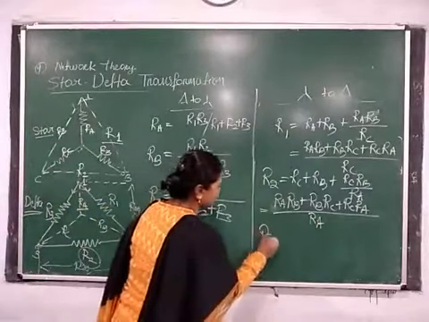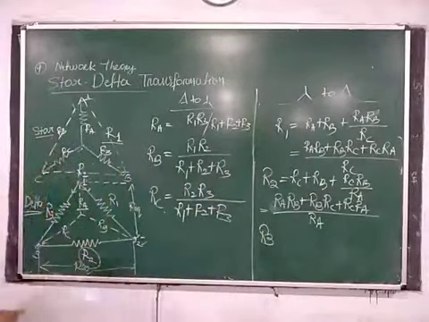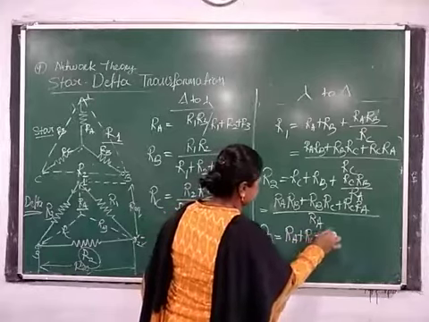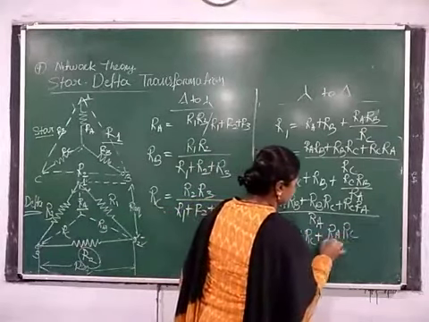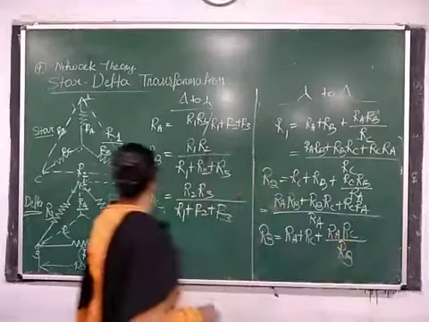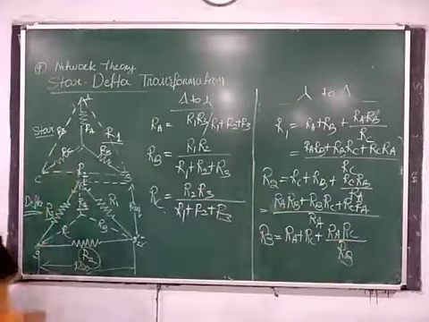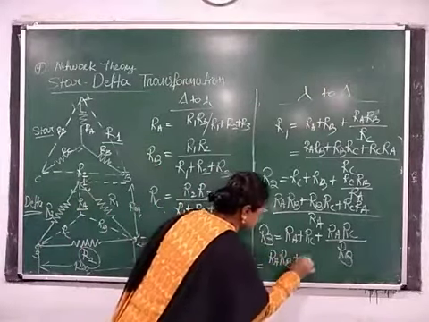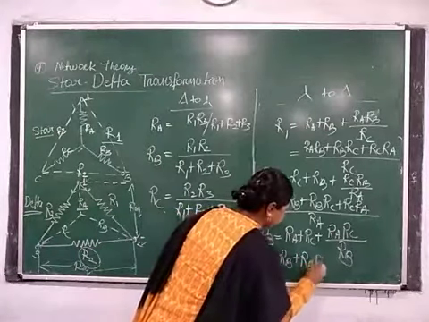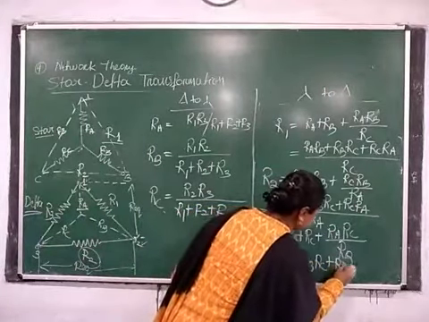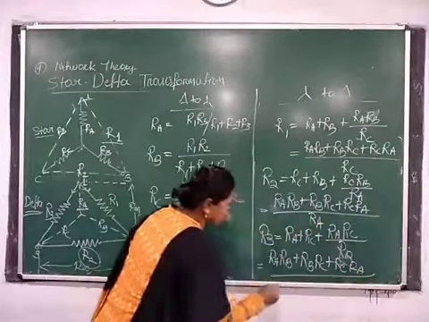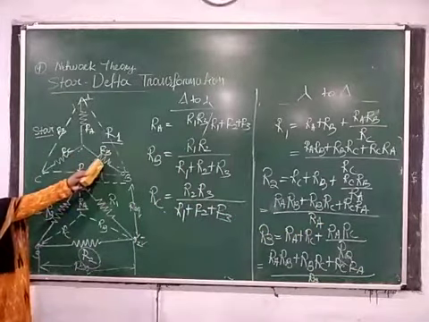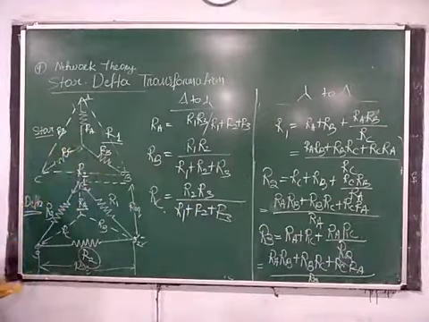Then R3, its opposite is RB. If you simplify, addition of the cross multiplication of the resistances in star divided by the resistance of the star connection present opposite to the delta connection.